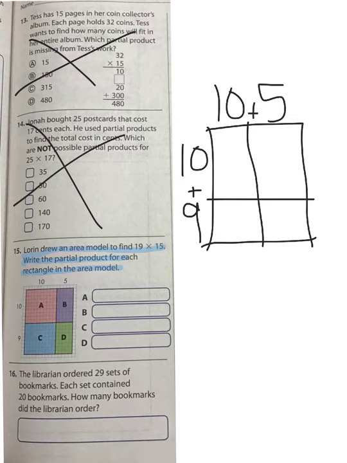So in box A, we're going to multiply 10 times 10. And 10 times 10 is 100. In box B, we're going to multiply 10 times 5. And 10 times 5 is 50.